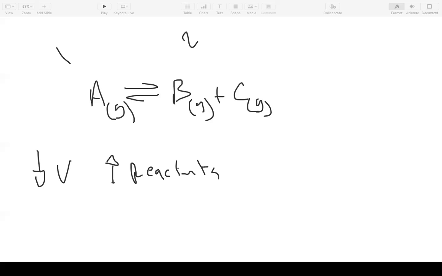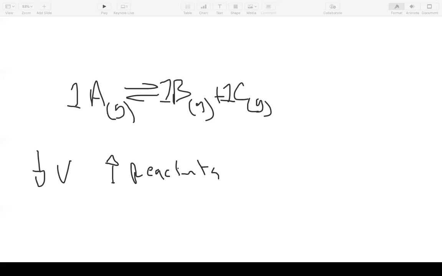We can read that under a change in volume, decreased volume will cause a shift to the side with the least amount of gaseous moles. So looking at all of these, we can see that there is a 1 right here that we don't really write, a 1 right here, and a 1 right here.